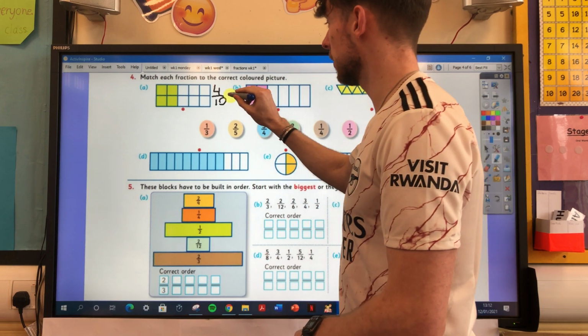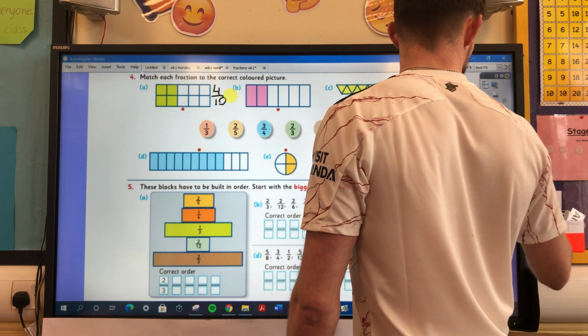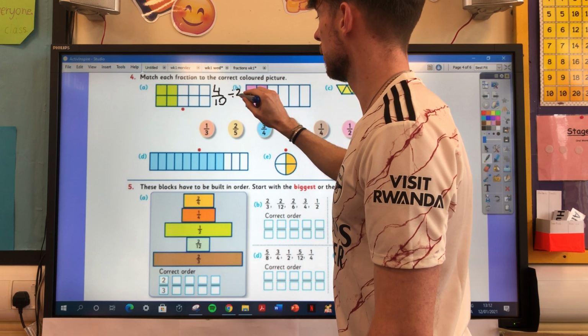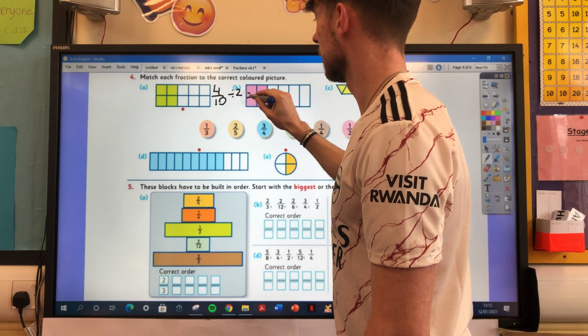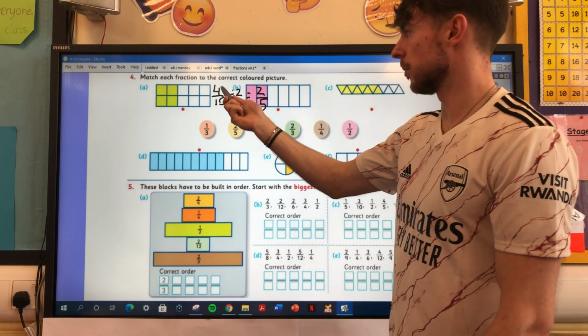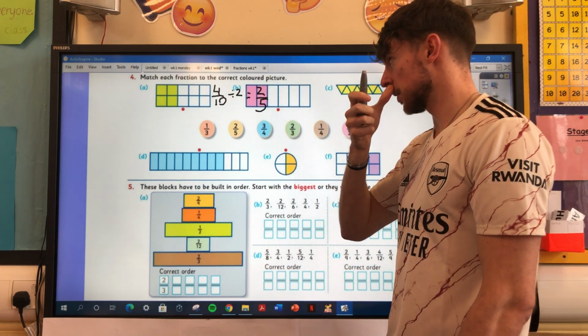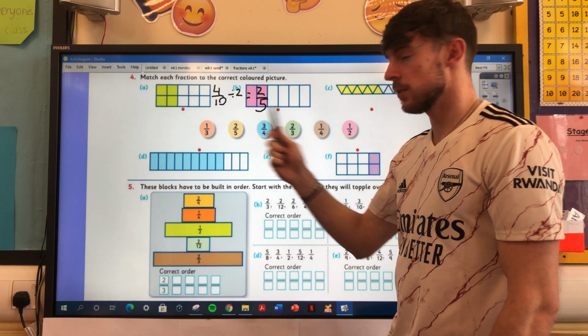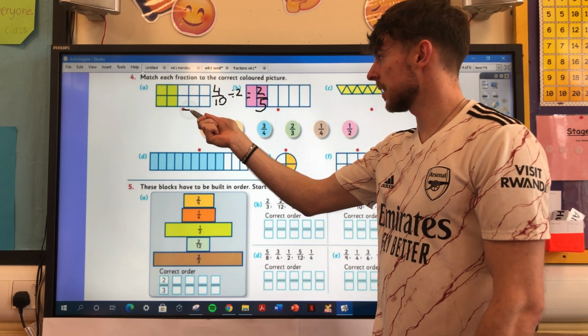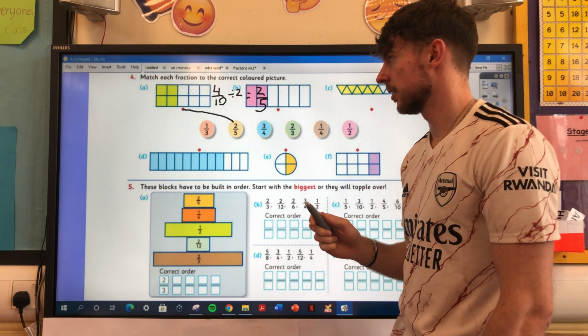So dividing both by 2, we got 2 over 5. Can everyone see 2 over 5 here? So we're going to connect our line to here.